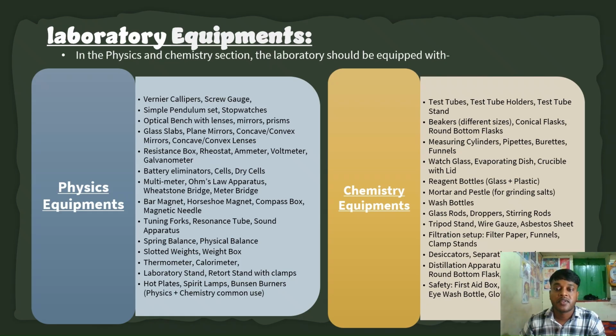Filtration setup should include filter paper and funnel clamps, and there should be distillation apparatus, round bottom flask, first aid box, fire extinguisher, eyewash bottle, gloves, and goggles, which are essential for the safety of eyes.